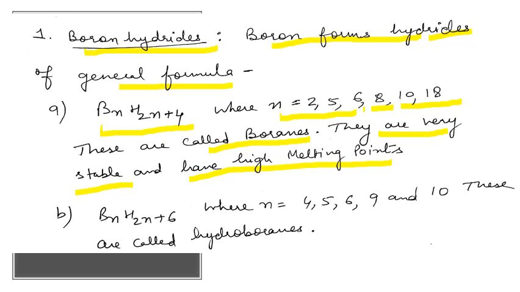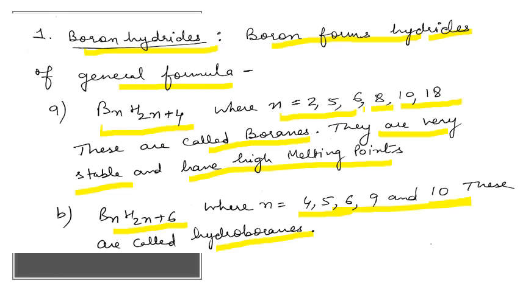The second category of boron hydrides has the general formula BnH2n+6, where n is equal to 4, 5, 6, 9 and 10. In this category, these boron hydrides are called hydroboranes.